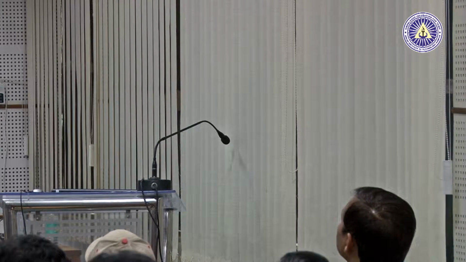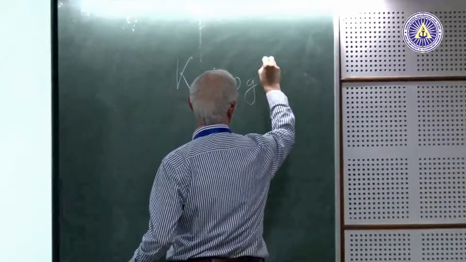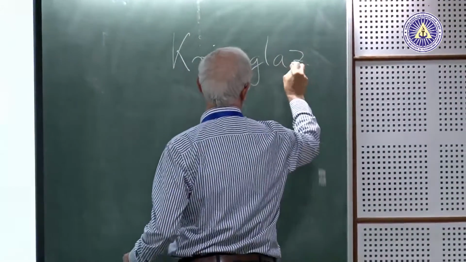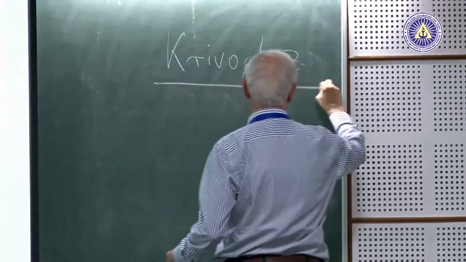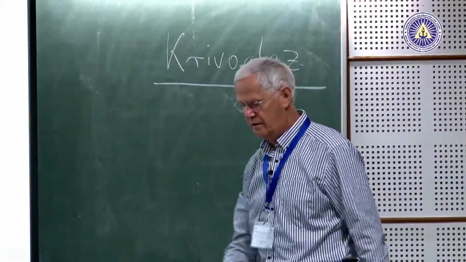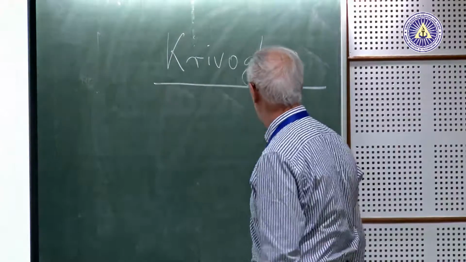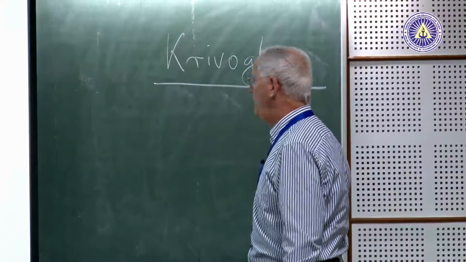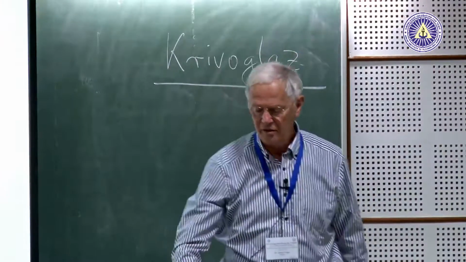And this was first done by the late Krivoglass. I have to write down his name because his contribution is so important. He worked in the Ukraine and he was a theoretician.